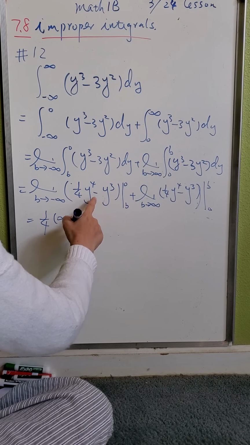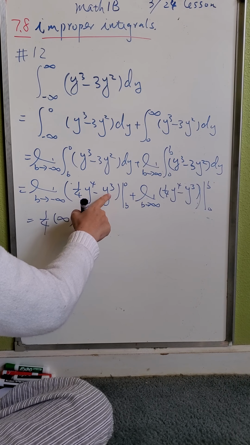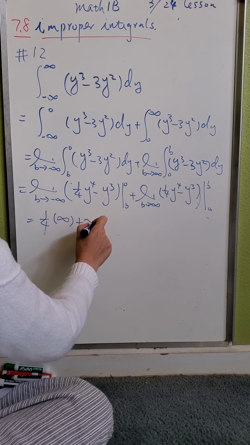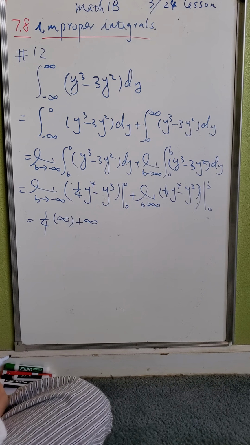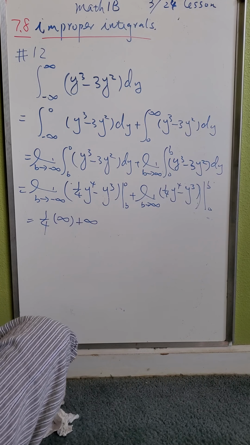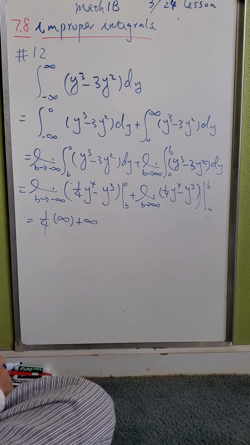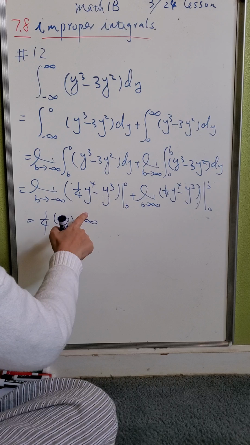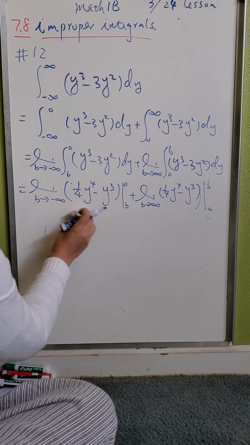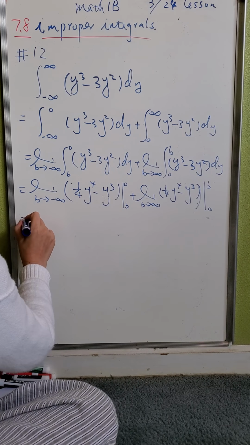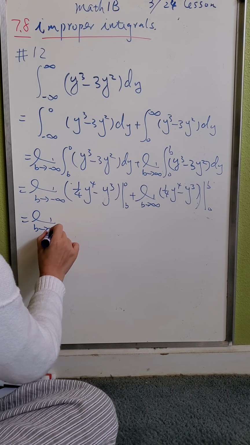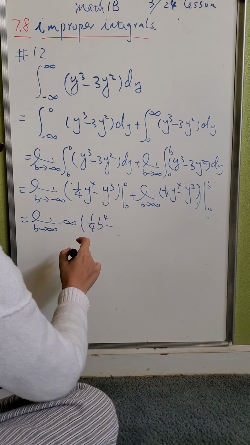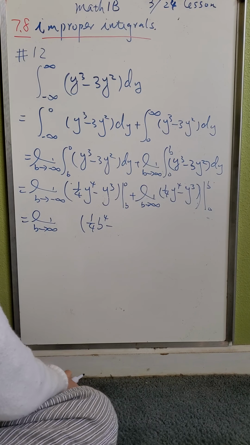Minus this is a negative infinity here, and with the odd power it is still negative, so it becomes positive infinity. Hold on, sorry, I jumped the steps. I forgot to put the b inside first. Sorry about that. So this is 1/4 b to the 4th minus, why do I have something like this?